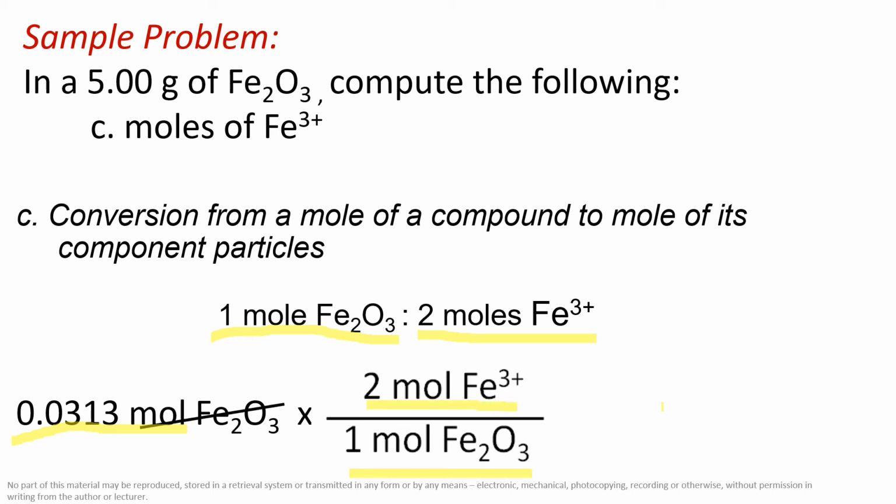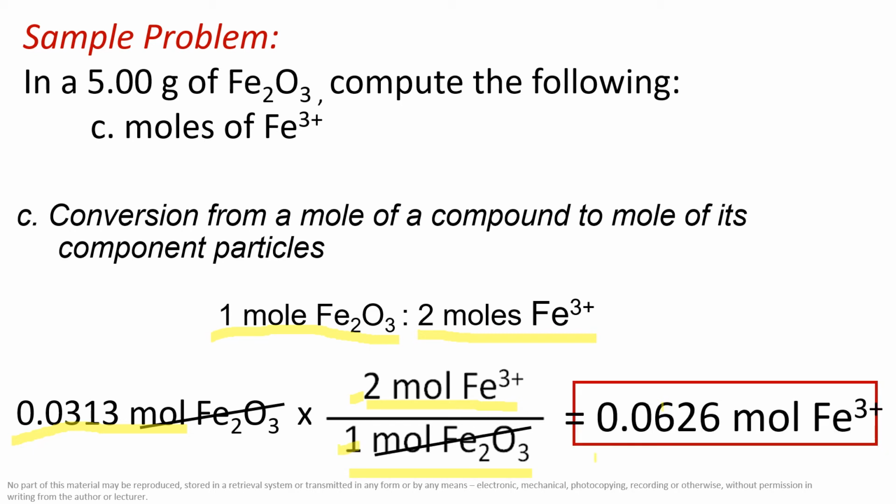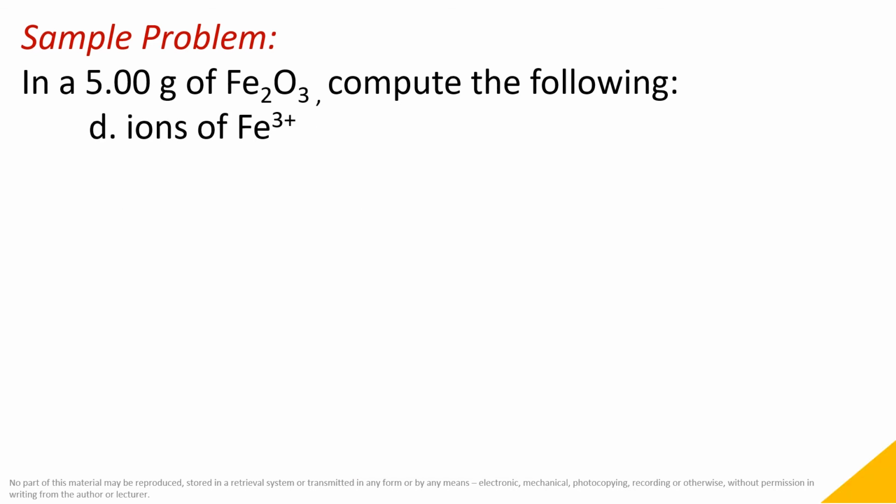So now, let's cancel out the similar units, which is mole of ferric oxide, and calculate. So 0.0313 times 2 moles divided by 1, and the answer would be 0.0626 moles of iron. Now let's move on with letter D.